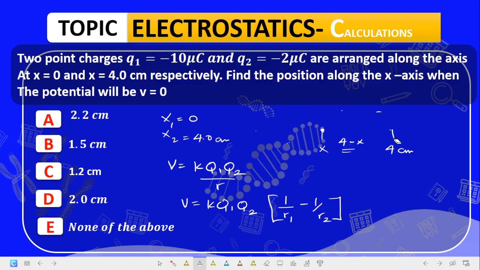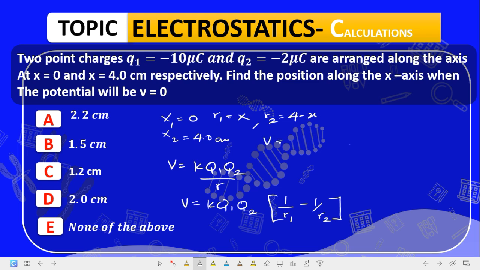Now, how do we go about with this question? Let's substitute in our R1 and R2. Of course, our R1 is the first distance, for the first charge, which is x, and then your R2 is 4 minus x. We've shown you how we got that.